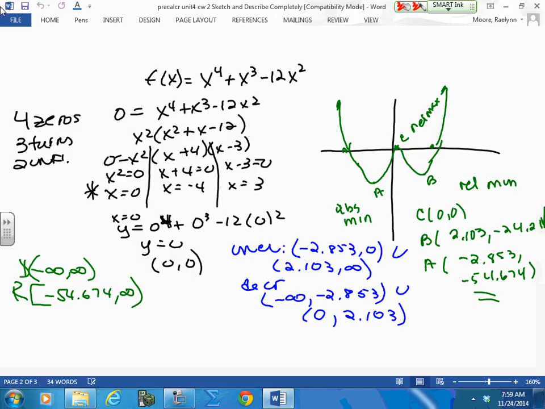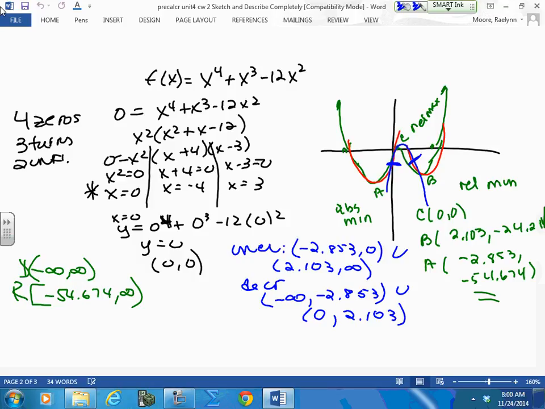The inflection point. An inflection point has to do with your concavity. Look for your caves. Here's a cave up. Here's a cave up. And in the middle of all this is a cave down. So look where they share. When you want to share something, you want half of it. Find the halfway point.